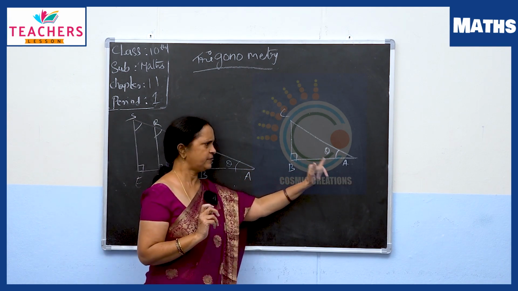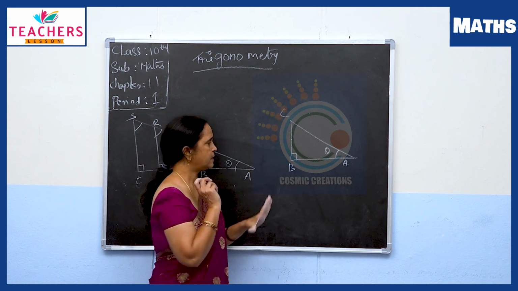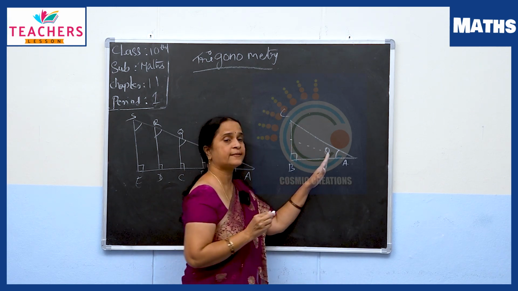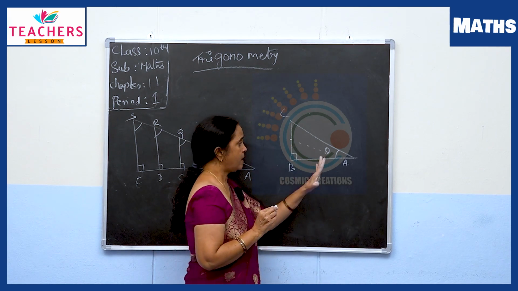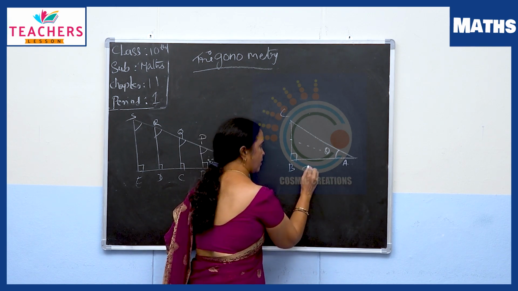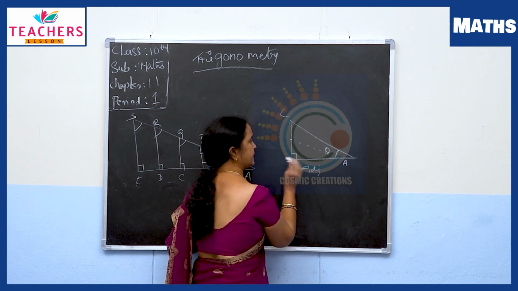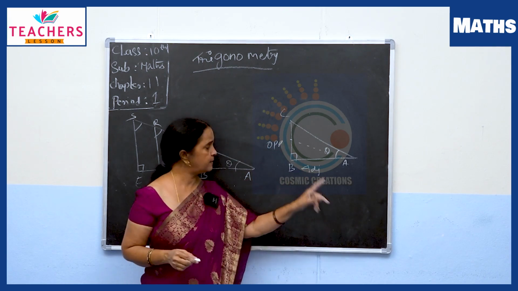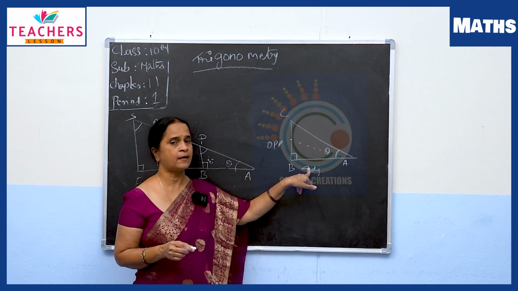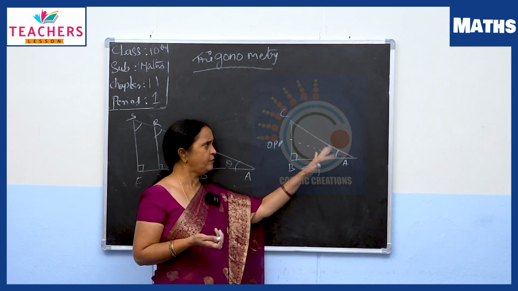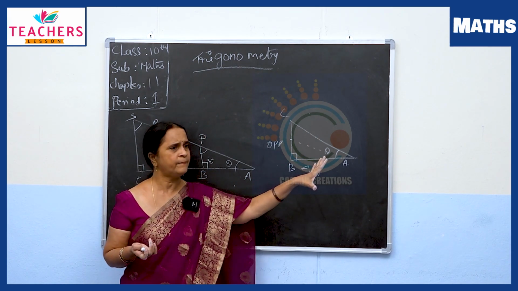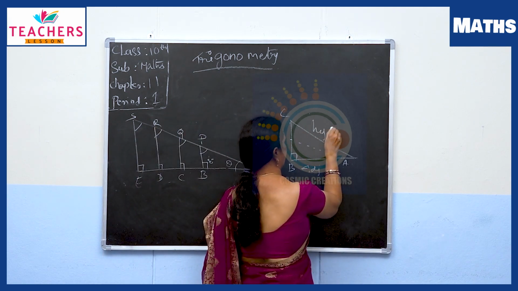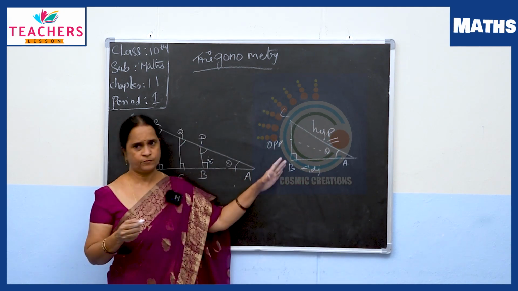If theta is given, this BC is called opposite to theta, and this AB is called adjacent to theta. With respect to theta, we need to concern this triangle. Now this is hypotenuse, it cannot be changed.